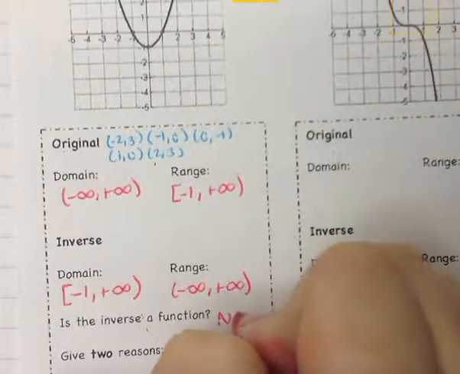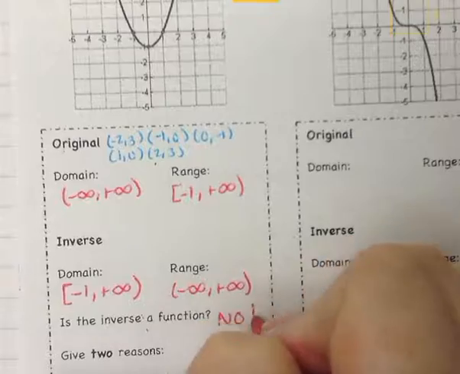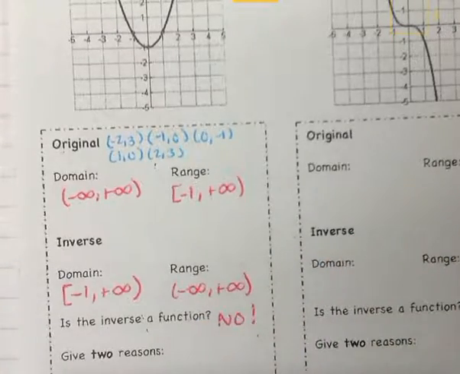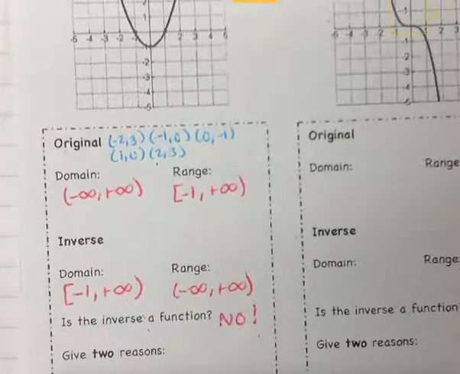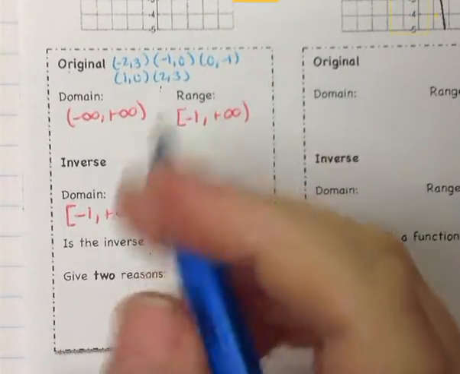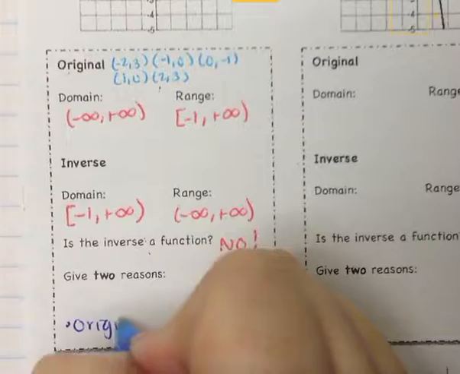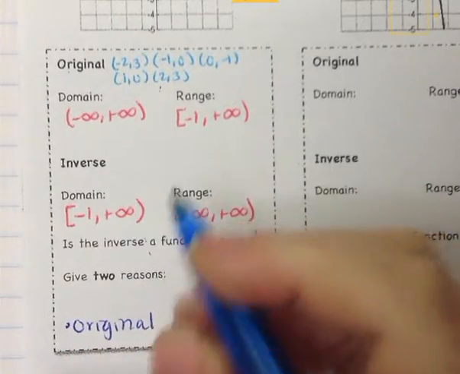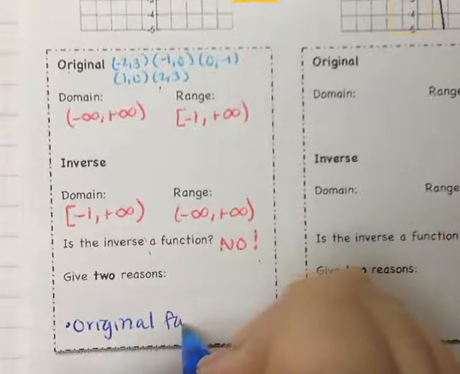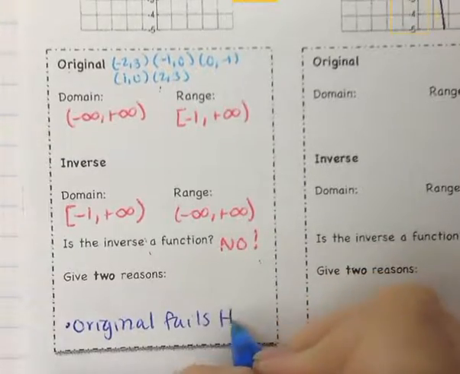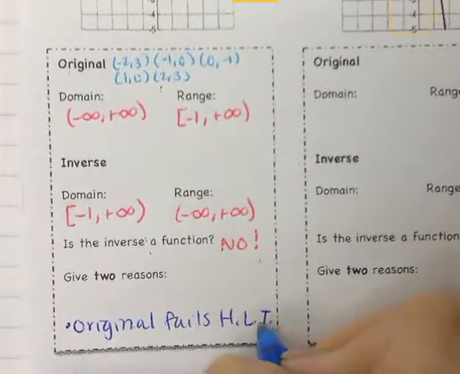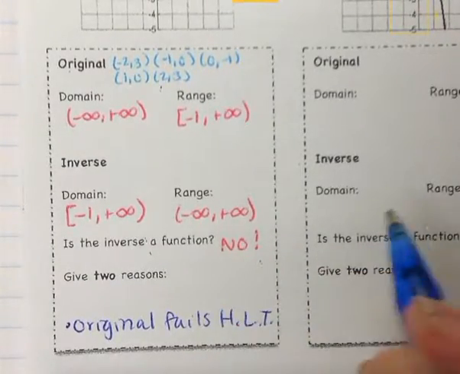The answer is no. There are two reasons. One reason is that the original graph fails the horizontal line test, or the HLT. There will be another reason.